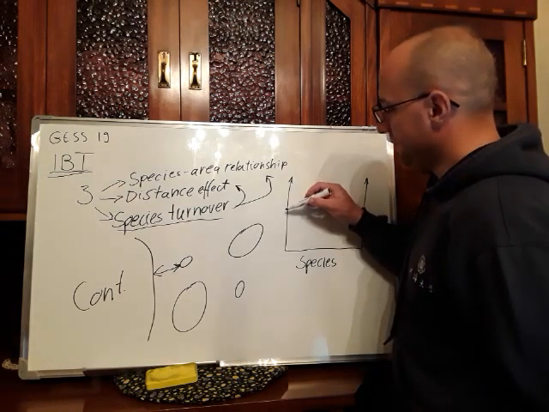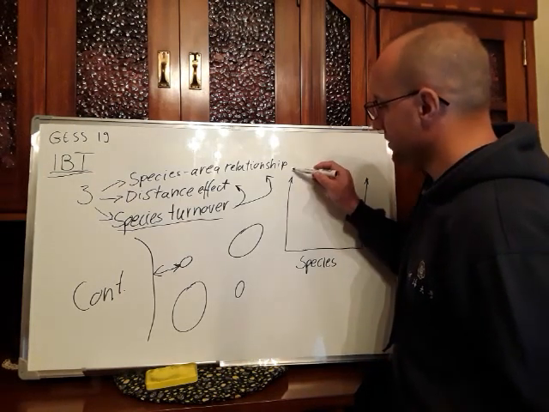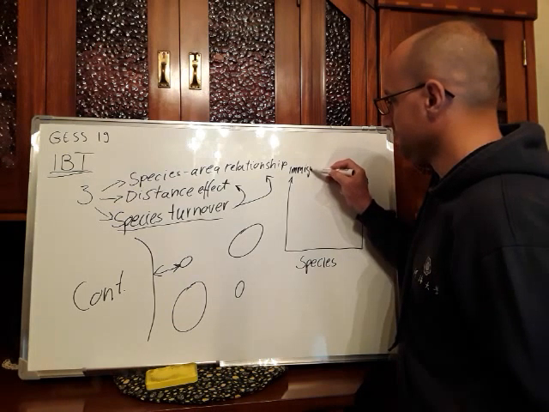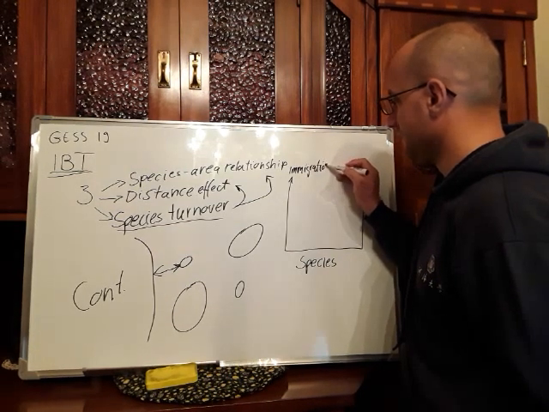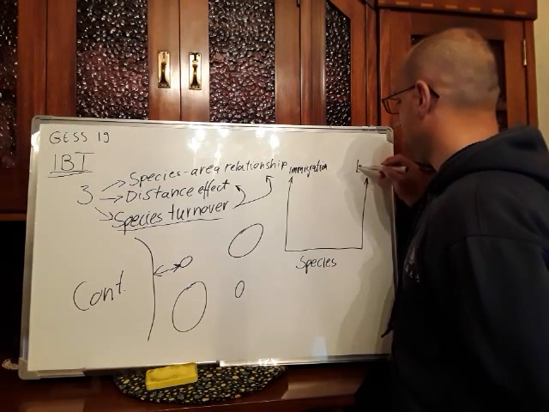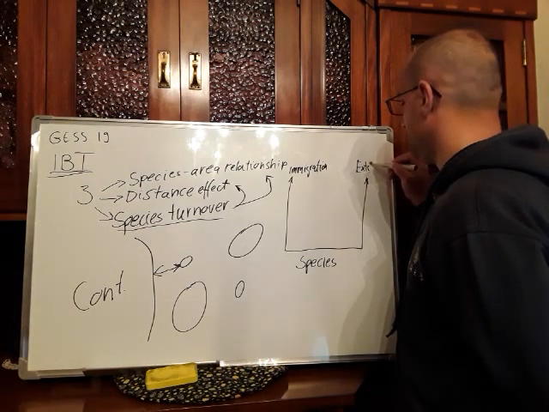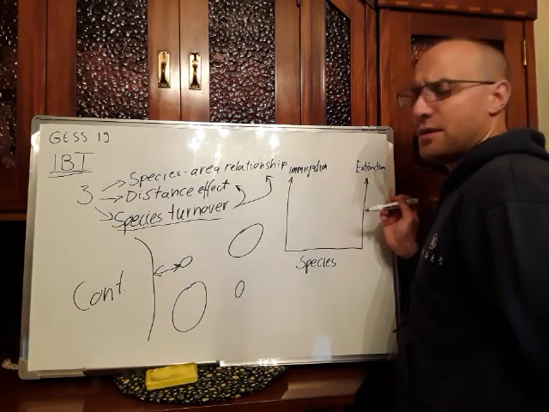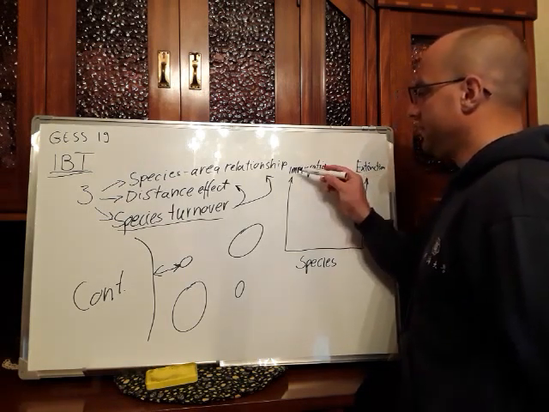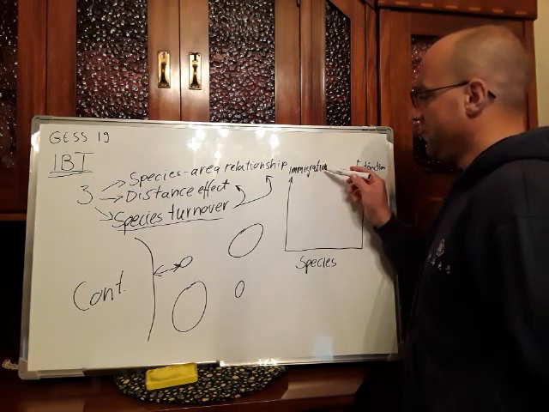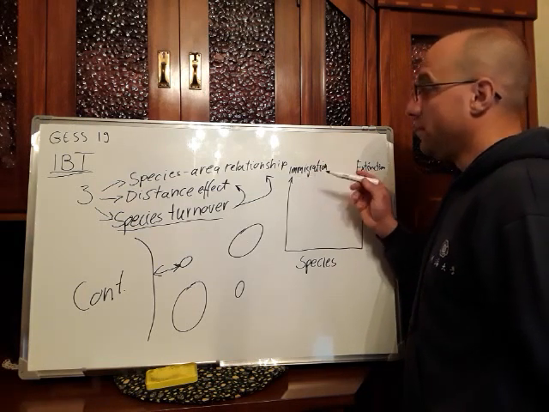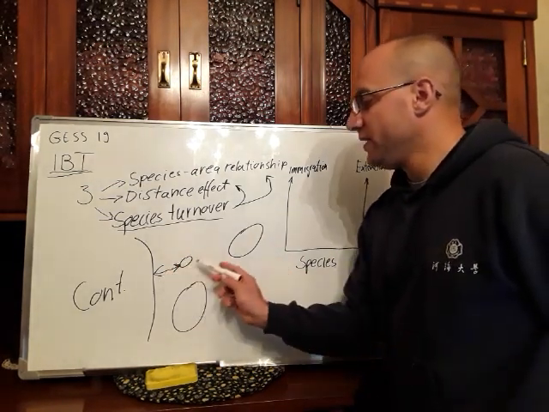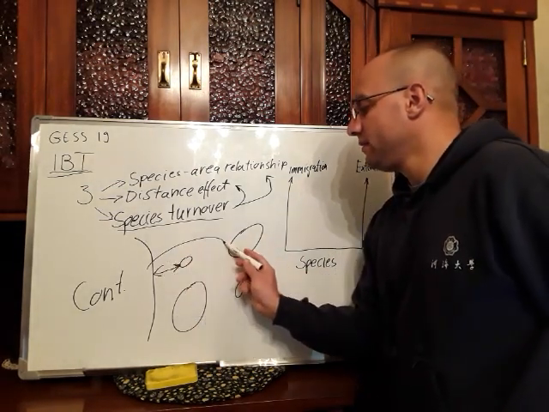So here we say that this is immigration, and this is extinction. And we also said that mainly the immigration will be driven by the opportunity of new species to colonize.